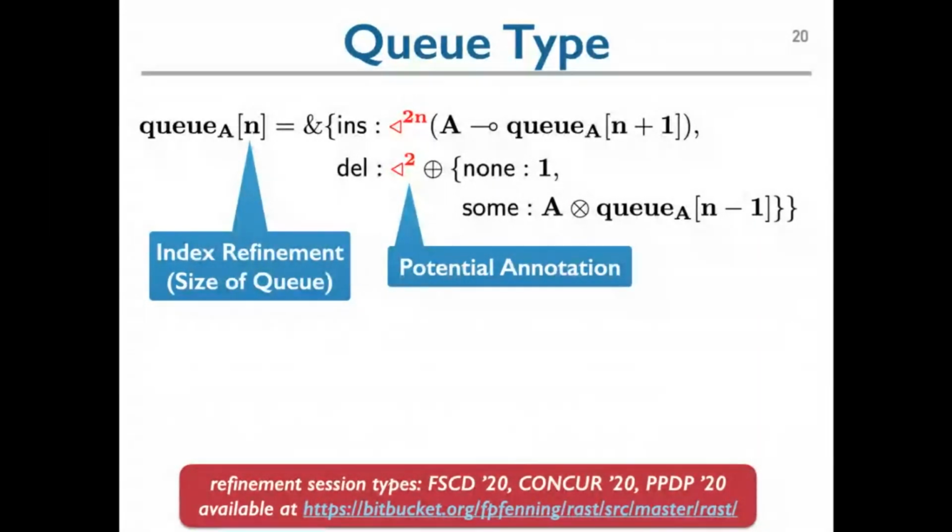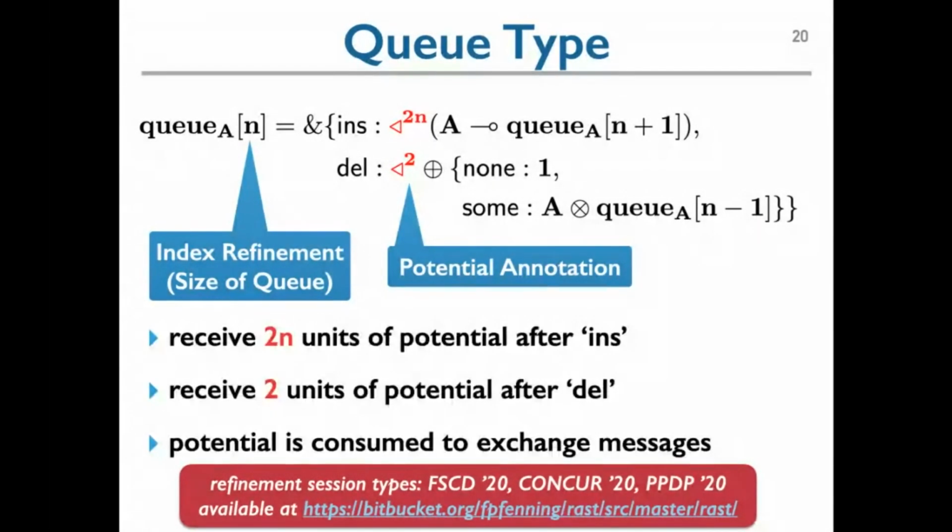So what does it mean exactly? Well, in the case of an insert, the queue receives 2n units of potential. And in the case of delete, the queue receives 2 units of potential. Internally, this potential is then consumed to exchange messages within the queue data structure.